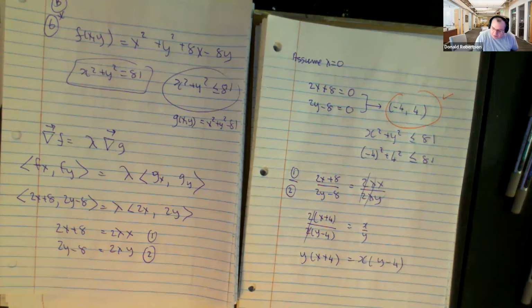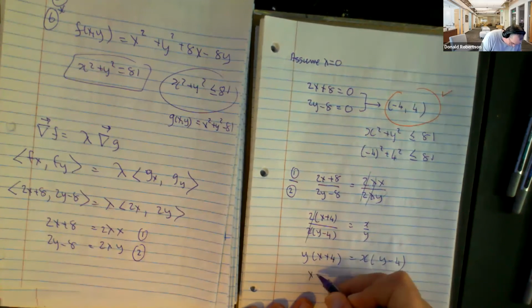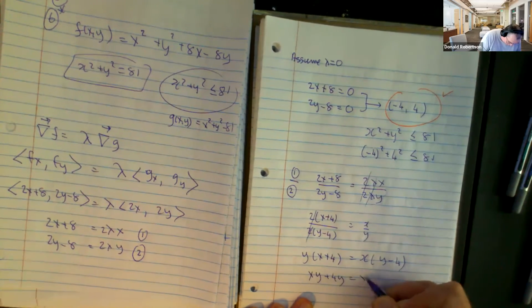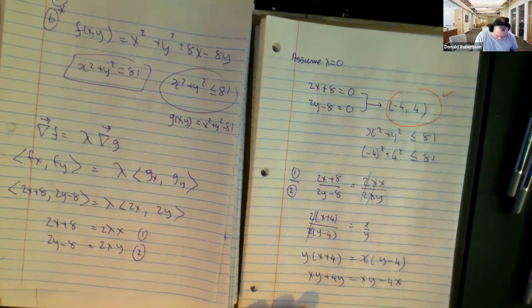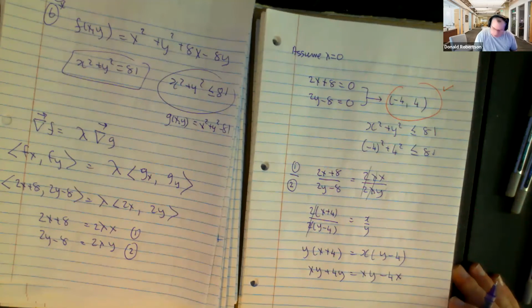Are we good? So that makes xy plus 4y has to equal xy minus 4x. You still good? What could I do next?